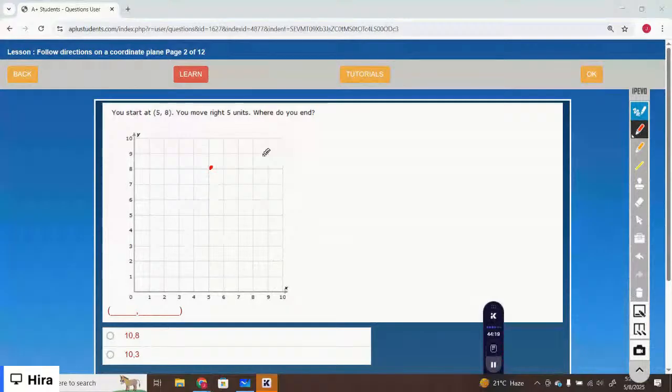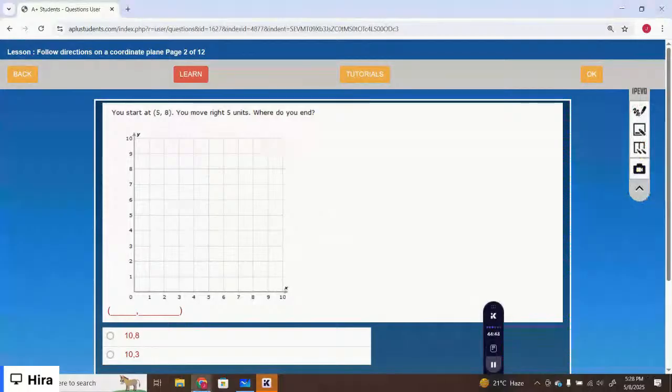You move right 5 units: 1, 2, 3, 4, 5. That is (10, 8). Option number 1 is the correct option.